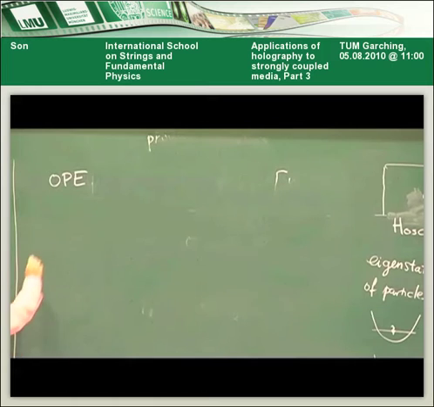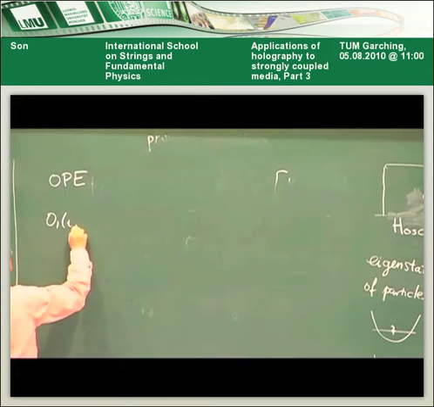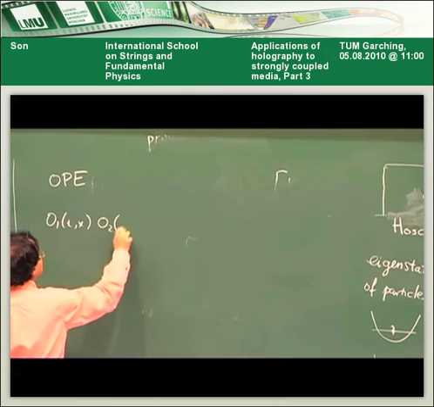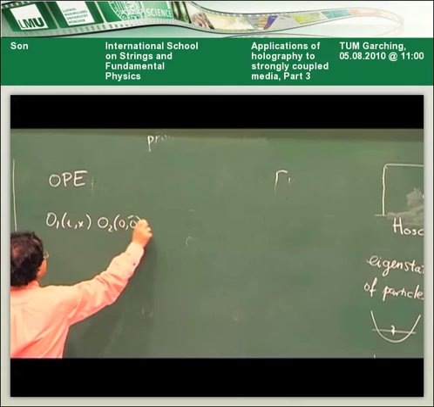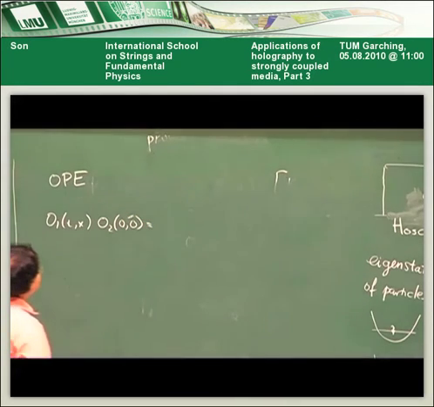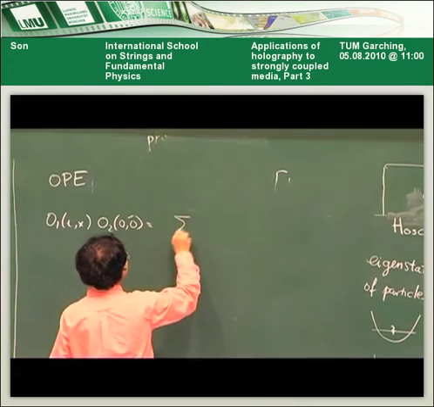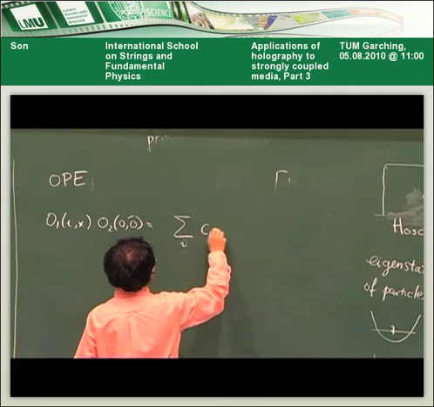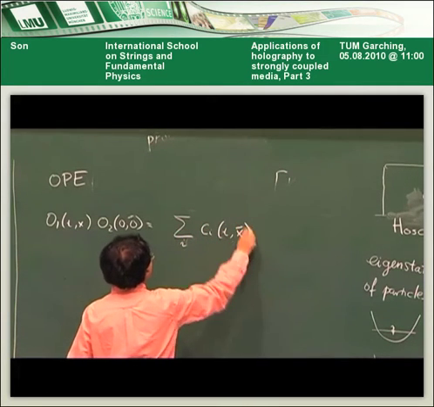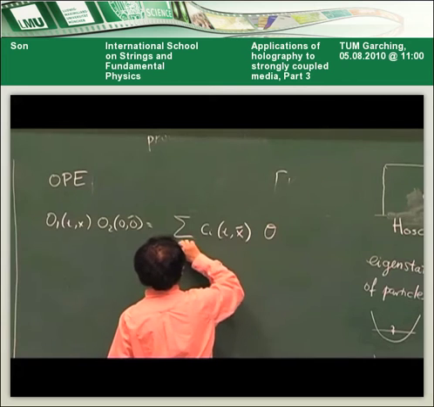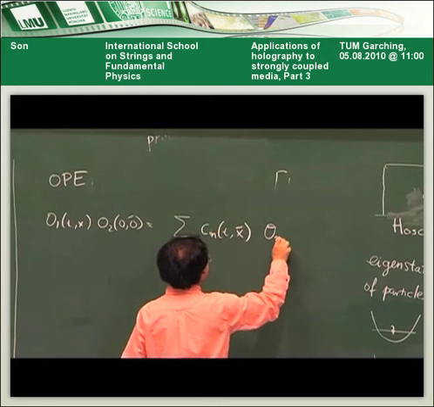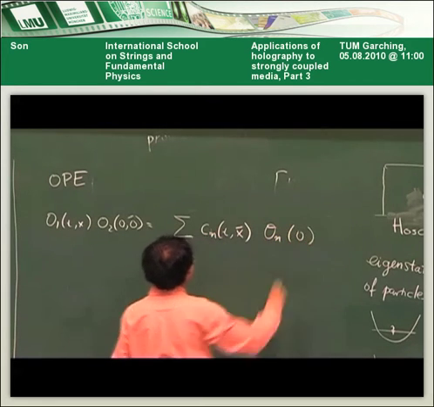If we take two operators separated in space and time, one can expect to be able to write this product as a sum over local operators.